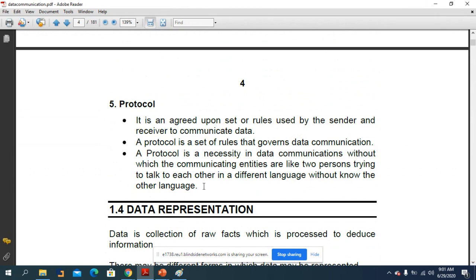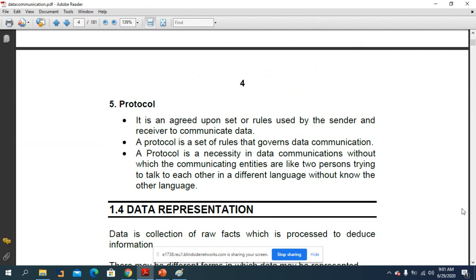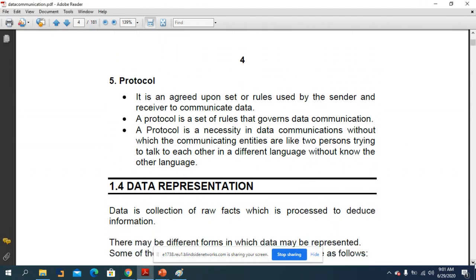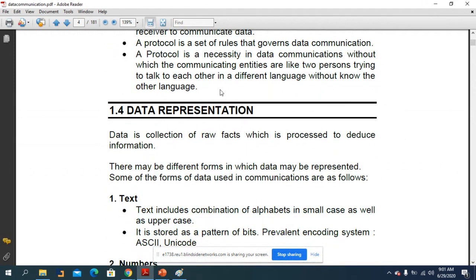Is it implemented in the application layer? Is it implemented in the transport layer? Or any other layer that we have within the TCP/IP and the OSI model? So those are a few interpretations of what we mean by protocols.